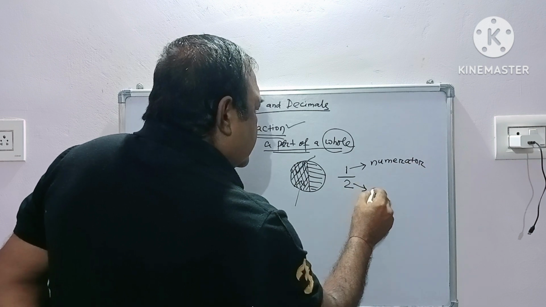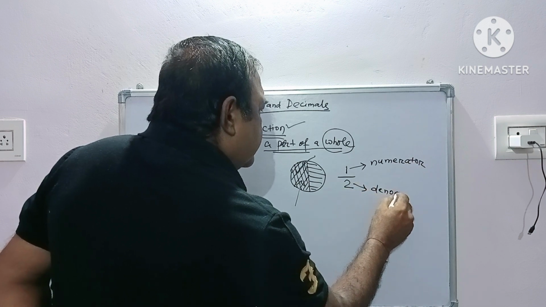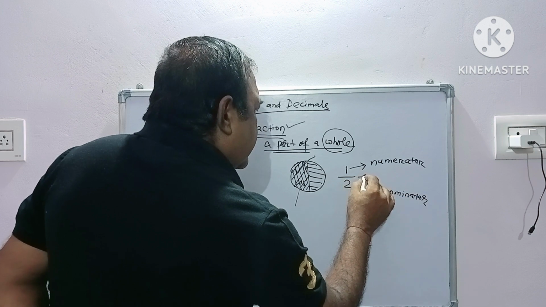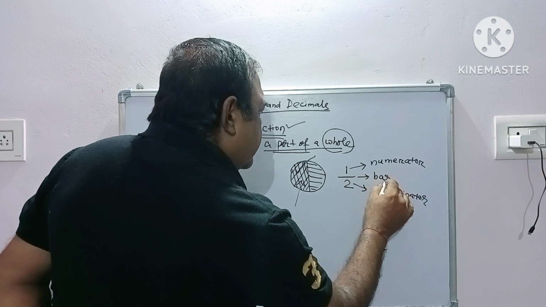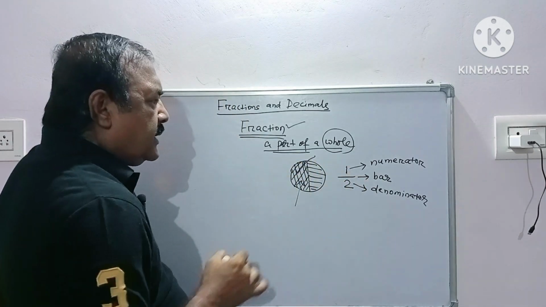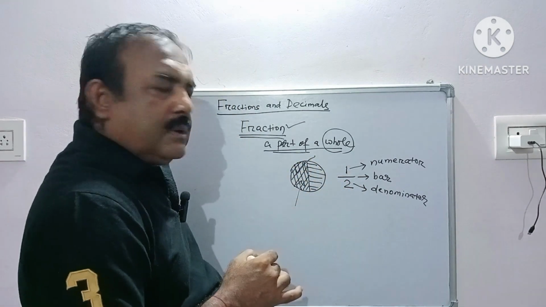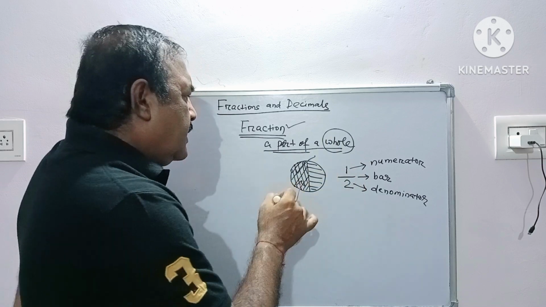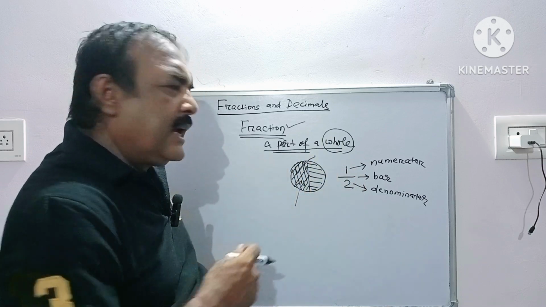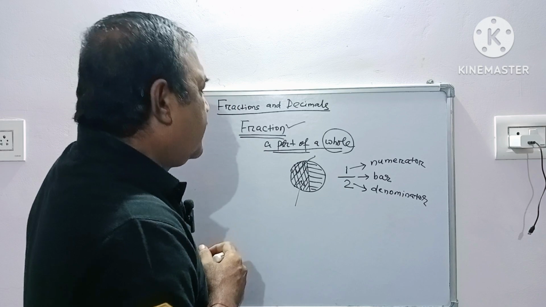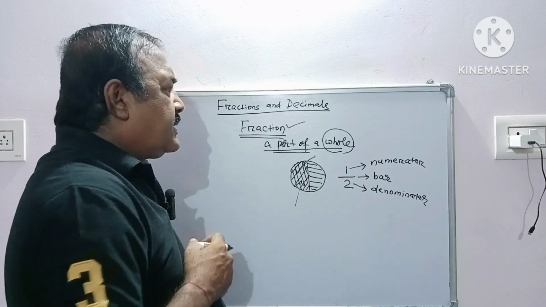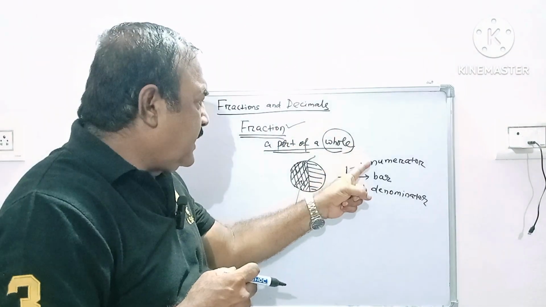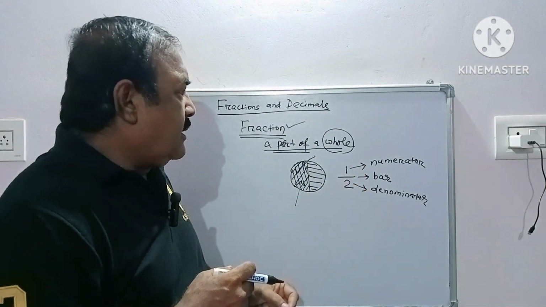This is the denominator, and this is the bar. 1 bar 2 means 1 upon 2, or you may say 1 divided by 2, or in short 1 by 2. And a fraction consists of two parts, numerator and denominator.